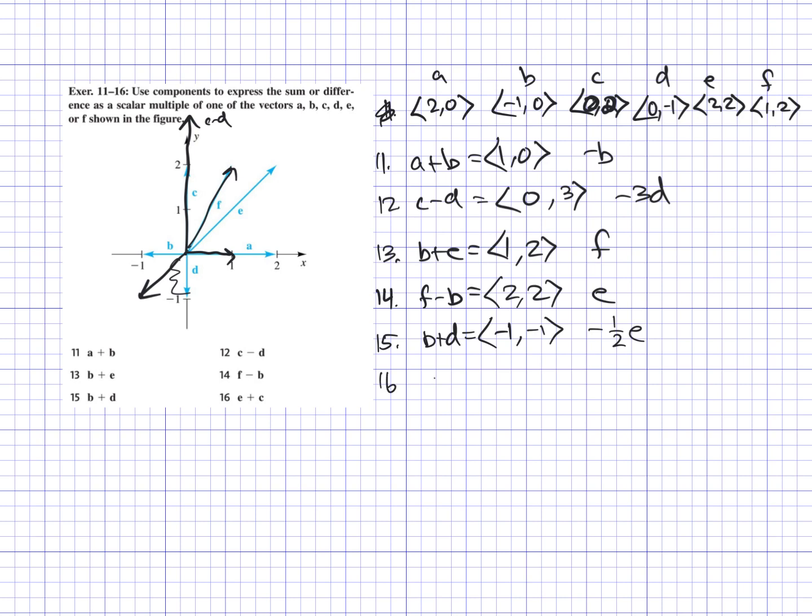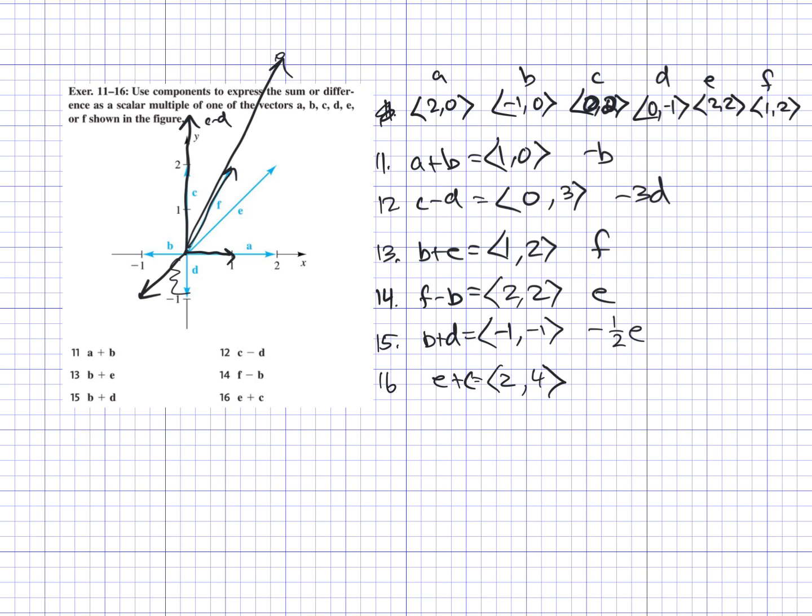And then 16 is E plus C. E plus C is 2 plus 0 is 2. Okay, and 2 plus 2 is 4. All right, so 2, 4. That's going to be way up there somewhere. So it looks like maybe it's using F. Let's see, 1, 2, 2, 3. No. Let's see. 2, 4.